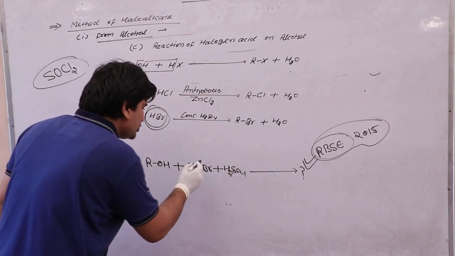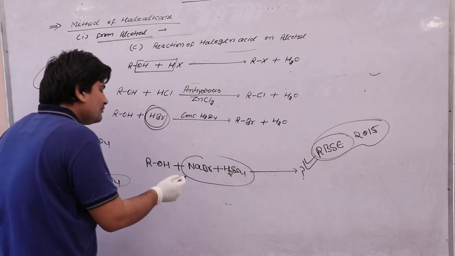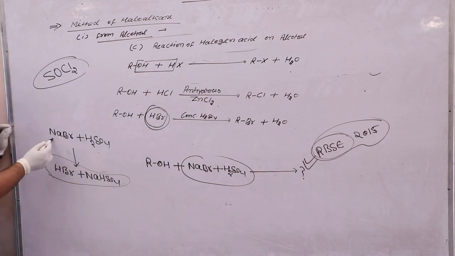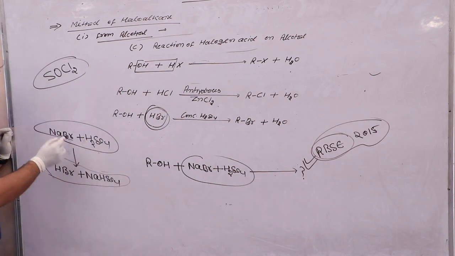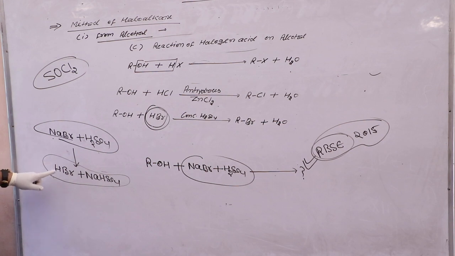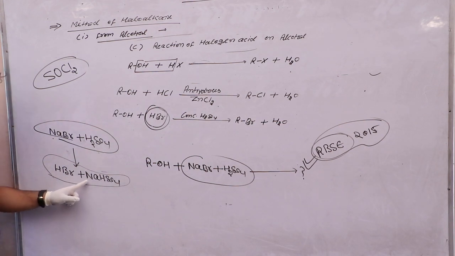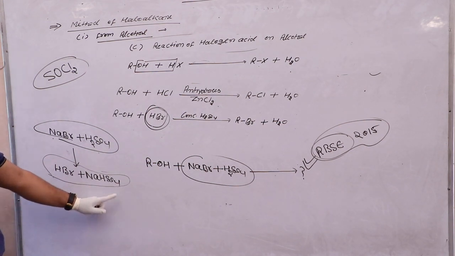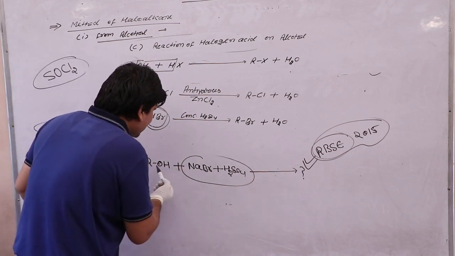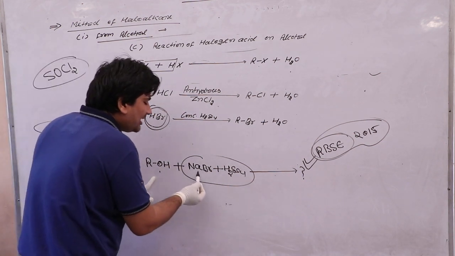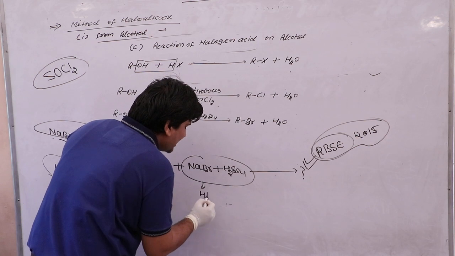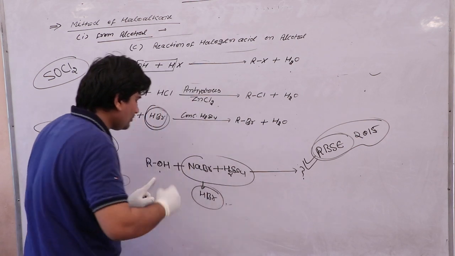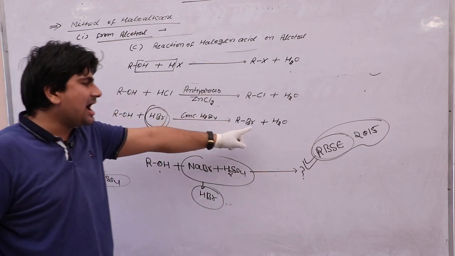We know that NaBr reacts with H2SO4 to give HBr plus NaHSO4. Now the alcohol reacts with the HBr and gives RBr.